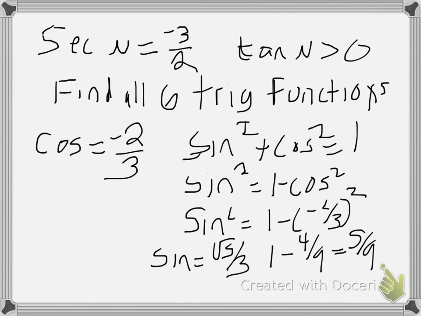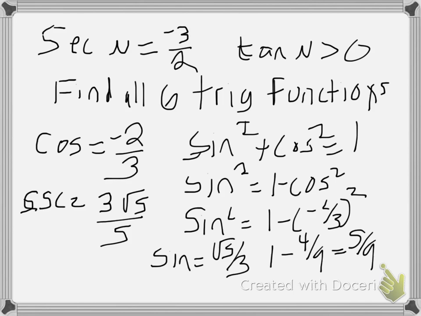So now we have the sine and the cosine and the secant. Well, the cosecant is going to be 1 over the sine, so that's going to be 3 root 5 over 5. And then how do I find the tangent?